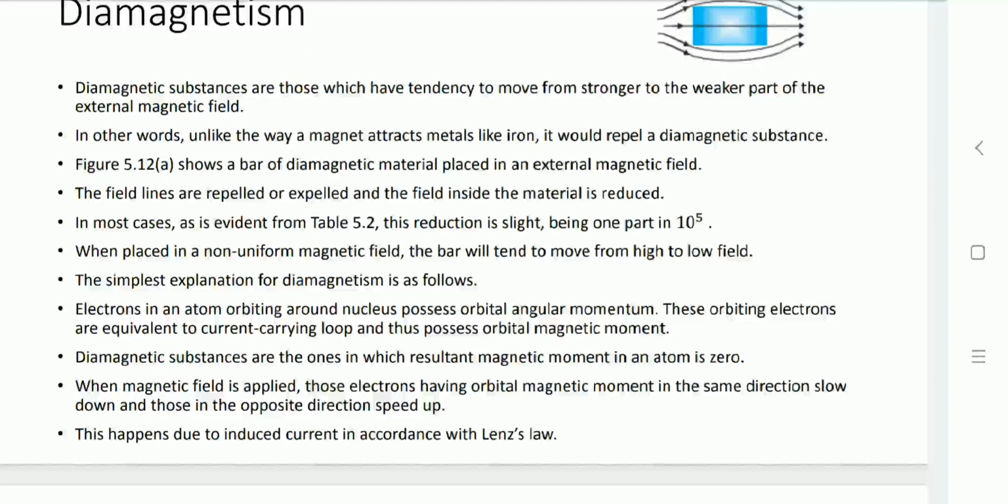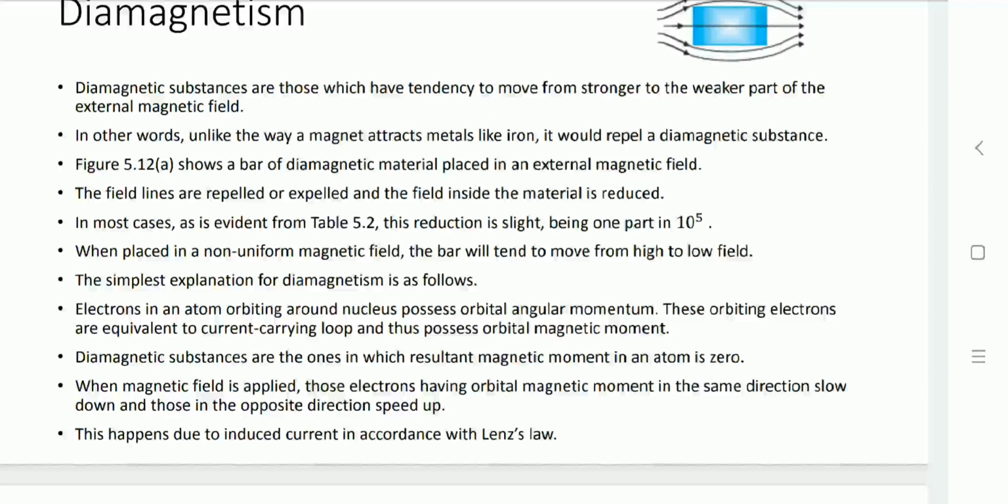A diamagnetic substance is one in which the resultant magnetic moment in an atom is 0. As we know, in a circular path, the net magnetic moment is 0. So this relation is depicted over here.